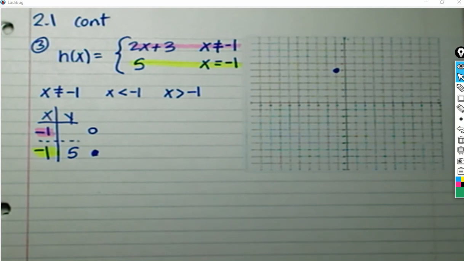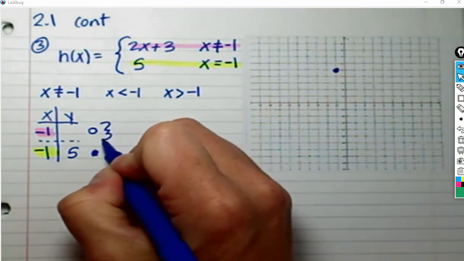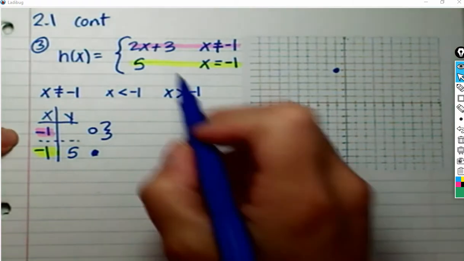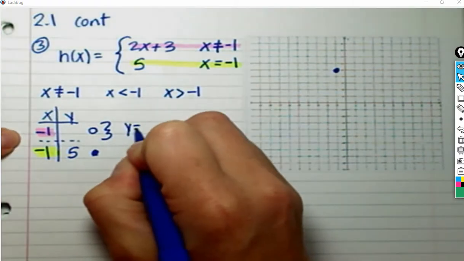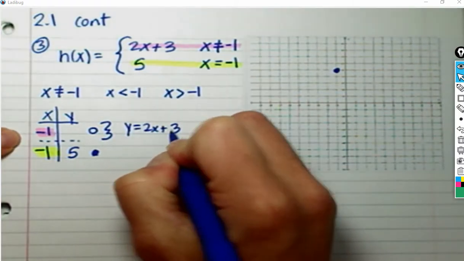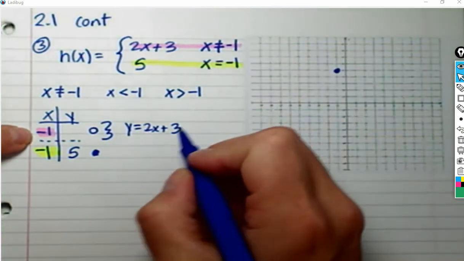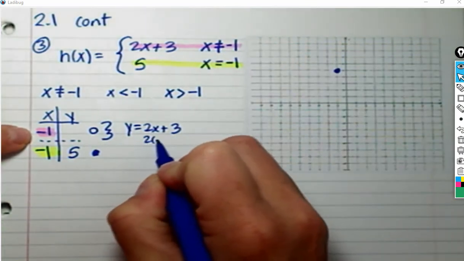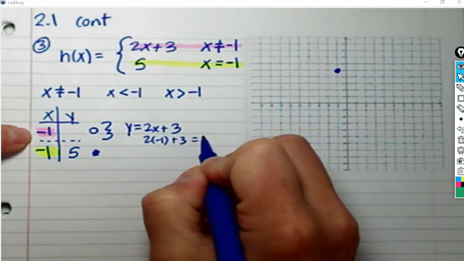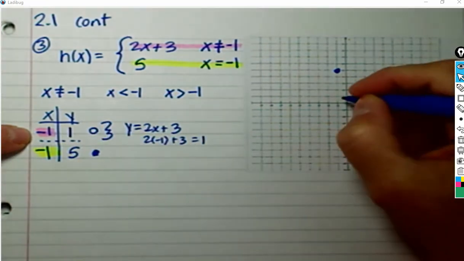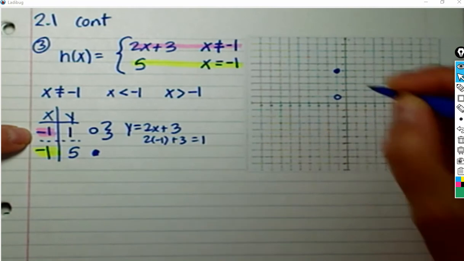Now I'm going to work on the pink line. The pink line is this, 2x plus 3. There's a couple different ways you can try to graph this. I can plug in -1 and I get 1, which is an open point.